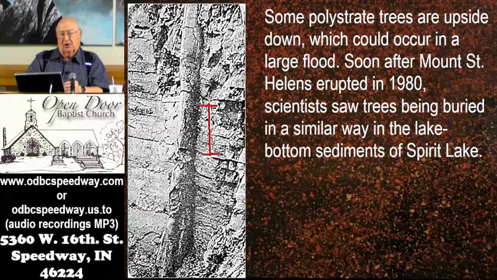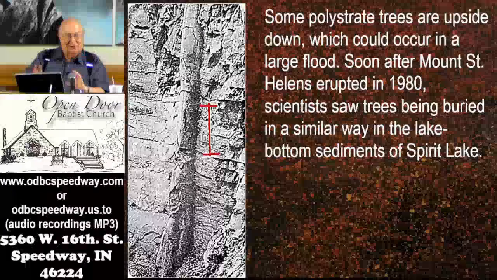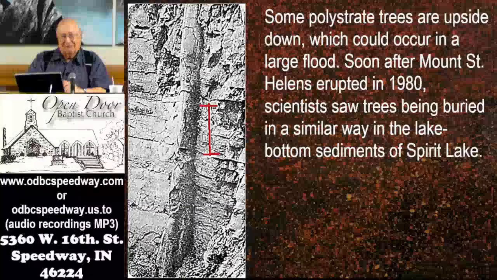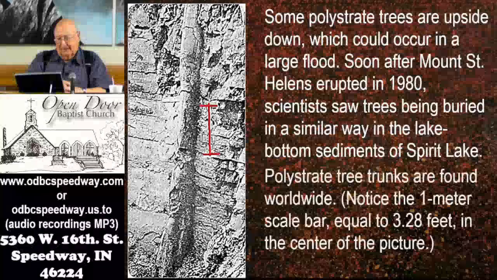Scientists saw trees being buried in a similar way in the lake bottom sediments of Spirit Lake, right there beside it. There are many things that happened at Mount St. Helens with people watching, people noticing, scientists actually looking at this, that imitate the same type of thing that's happened all around.